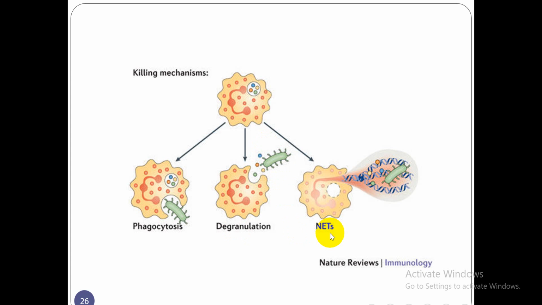And also some neutrophils could produce some nets, and these nets are neutrophil extracellular traps, which are composed of nucleic acids and some proteins, and as you see, the microbe could be trapped in these nets, and by this function the neutrophil kills the microbe, and also itself is dying.